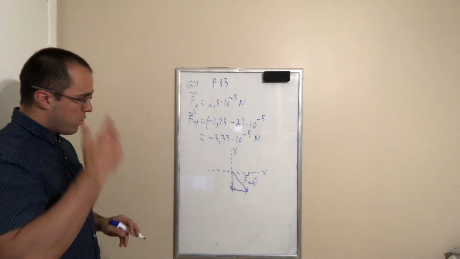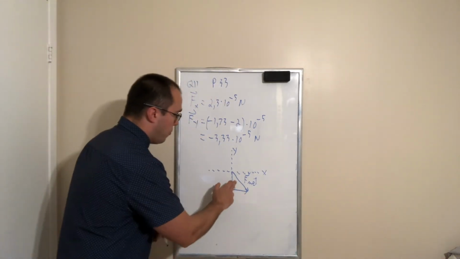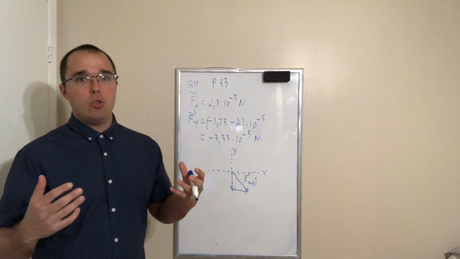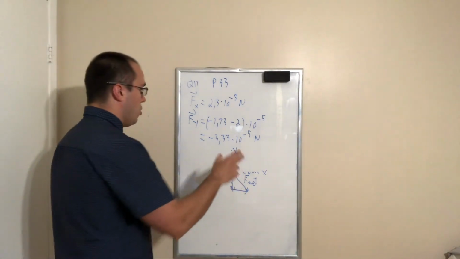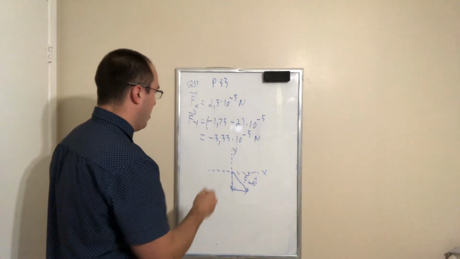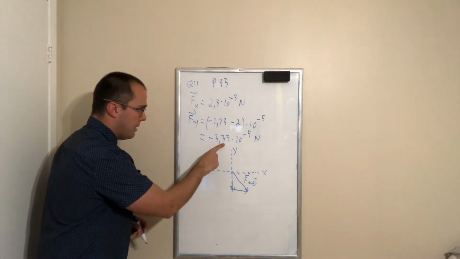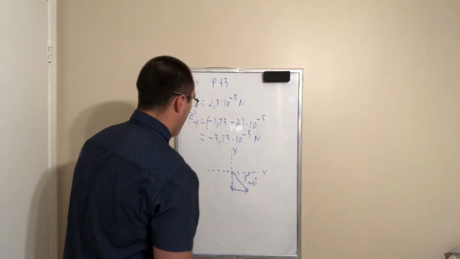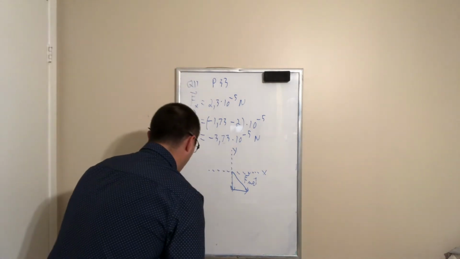Now, to find the magnitude of the net force, we simply need to use the Pythagorean theorem here. So we take these two values and we square them. By the way, I made a mistake over here. This is not a 3, this is supposed to be a 7. So let's find the magnitude first.